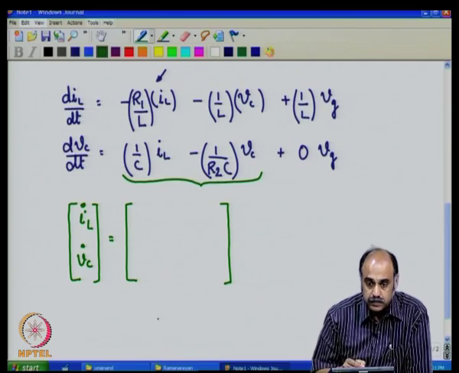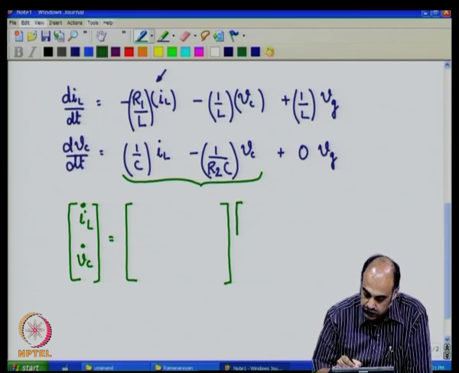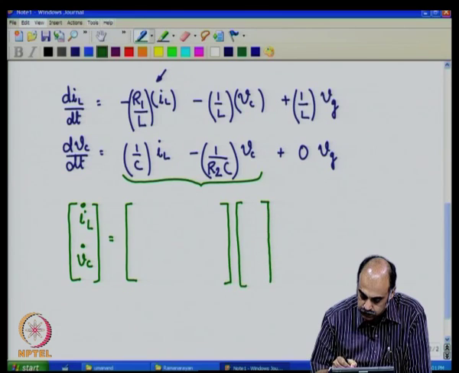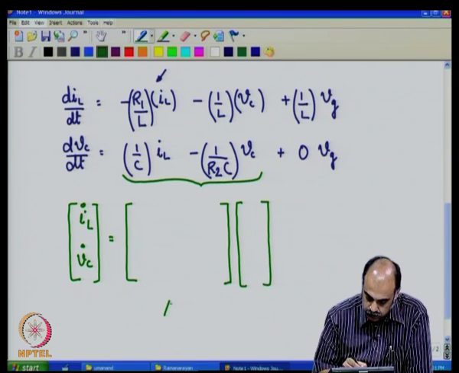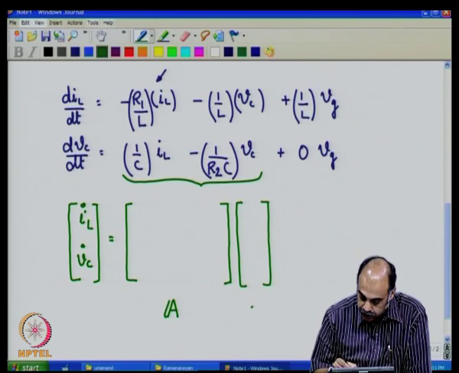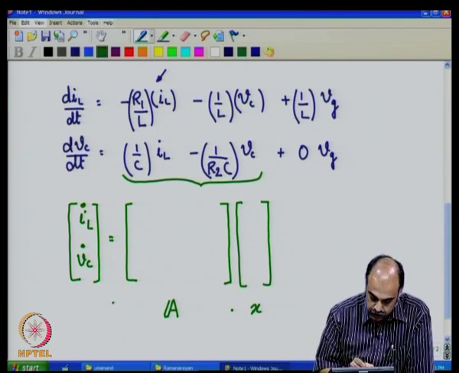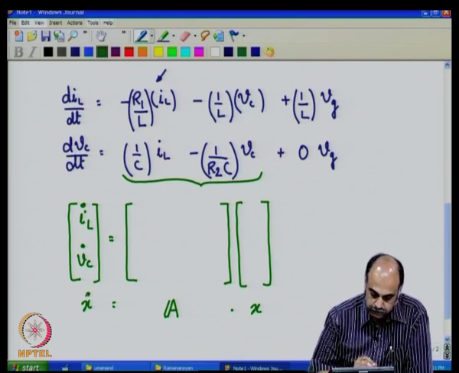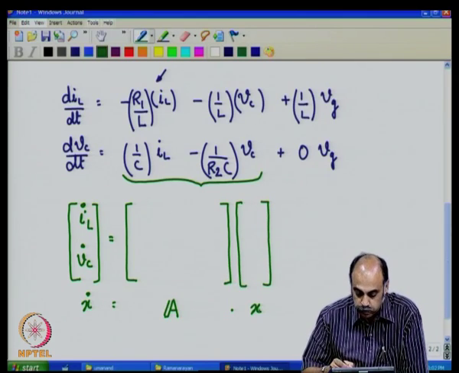We have a matrix, we call that the A matrix, and that A matrix is multiplied by the state vector, and this is nothing but the state vector derivative. So, what should be the state vector?